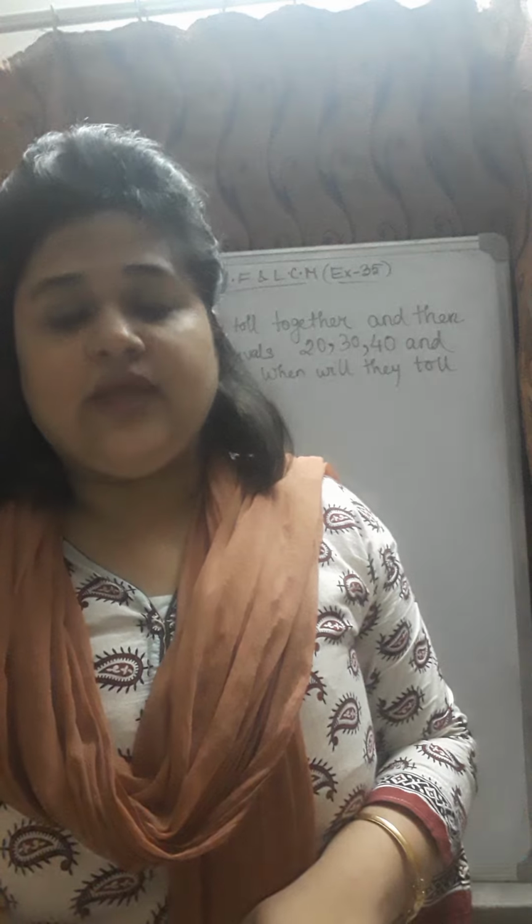And whenever your question is asking you highest, maximum, you have to go for finding HCF. This question is just different because you all know how to find LCM and HCF. But by understanding the sum, you have to make yourself understand which method you should go for, whether you will apply HCF or whether you will apply LCM.